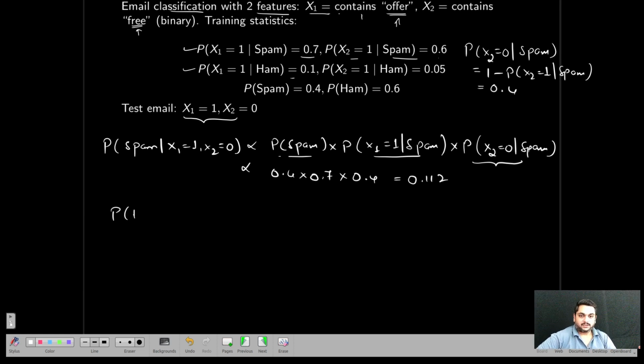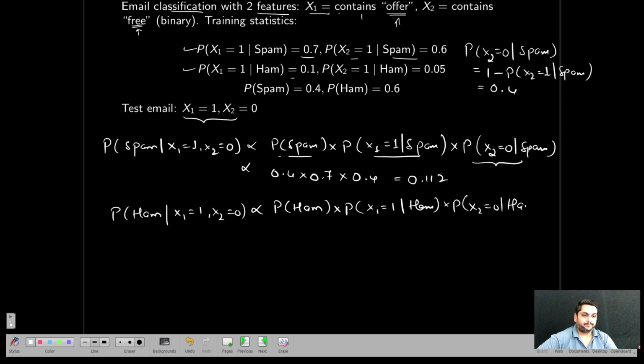Now you test it for ham. Probability of ham given x1 equal to 1, x2 equal to 0. The score is proportional to probability of ham into probability of x1 equal to 1 given ham into probability of x2 equal to 0 given ham. So this is given already, 0.6, into probability of x1 equal to 1 given ham, which is 0.1.